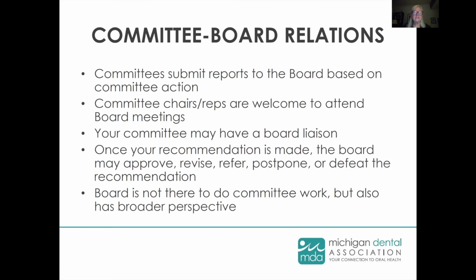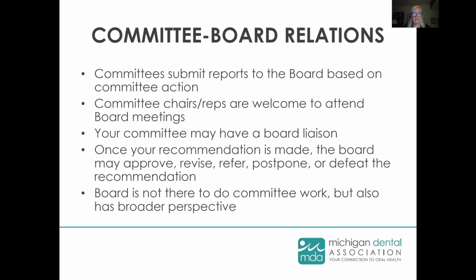On committee-board relations, committees submit reports to the board based on committee action. Your staff person will prepare those on your behalf and submit them for you based on the discussion you have in your committees. Committee chairs or representatives of committees are always welcome to attend board meetings at any time. So that is open to you.